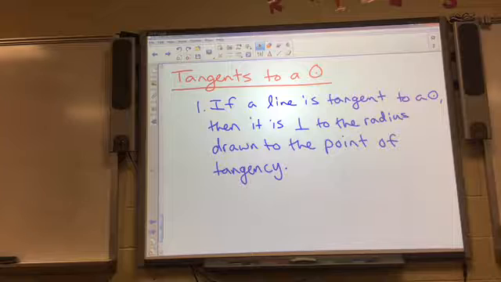If a line is tangent to a circle, then it is perpendicular to the radius drawn to the point of tangency.